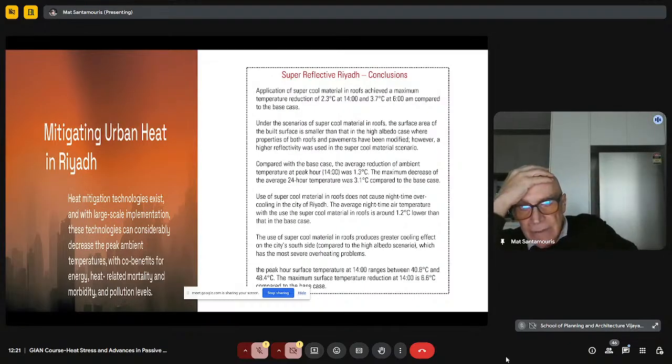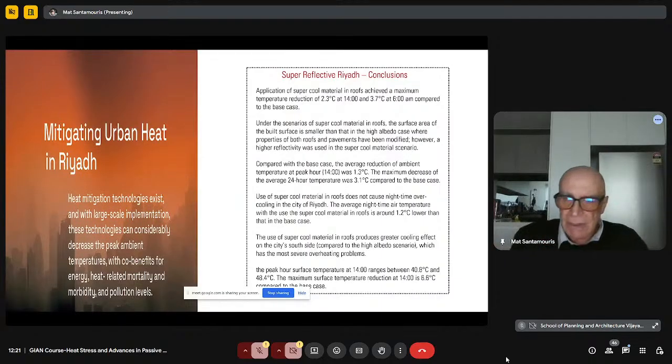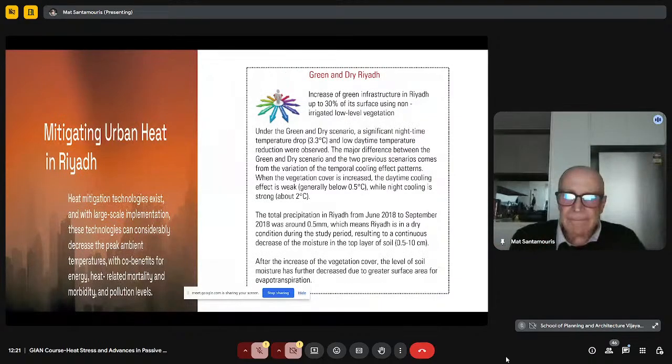And what I'd like to tell you is that the maximum decrease we had with the supercool materials at the roof scale was 2 to 3 degrees. This is very important. And on average, it was 1.3, 1.5 degrees, a decrease of the surface temperature close to 8, 9 degrees.